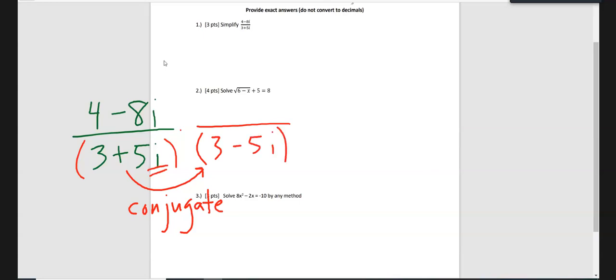In other words, you change the sign of the second. The first stays the same, but you change the sign of the second. We can't use the word opposite because they are not opposites of each other. So that's the term conjugate. And whatever you multiply the bottom by, you must also multiply the top by, because you can't multiply by different things to the top and bottom. Otherwise, you would change the value.